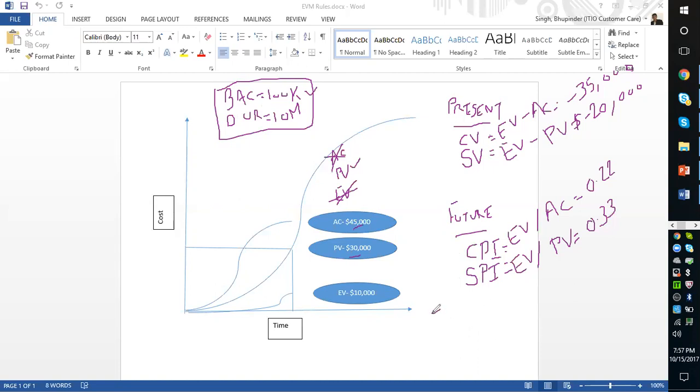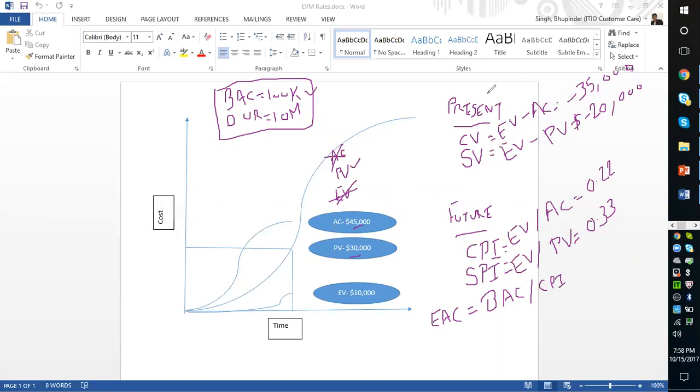And that is called estimate at completion, EAC. This is BAC, budget at completion, right? BAC divided by CPI.